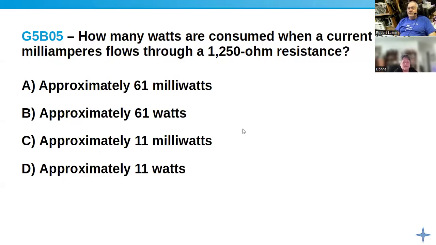How many watts are consumed when a current of 7 milliamps flows through a 1250 ohm resistance? Remember, you have current and resistance, so you have to square the current and then multiply by the resistance.